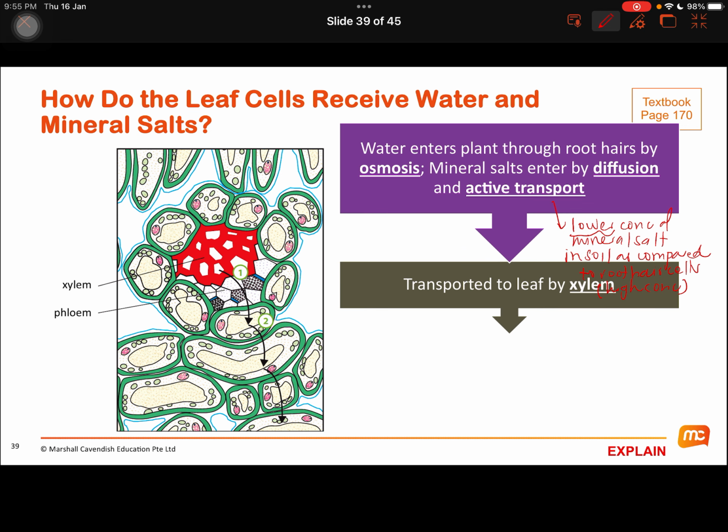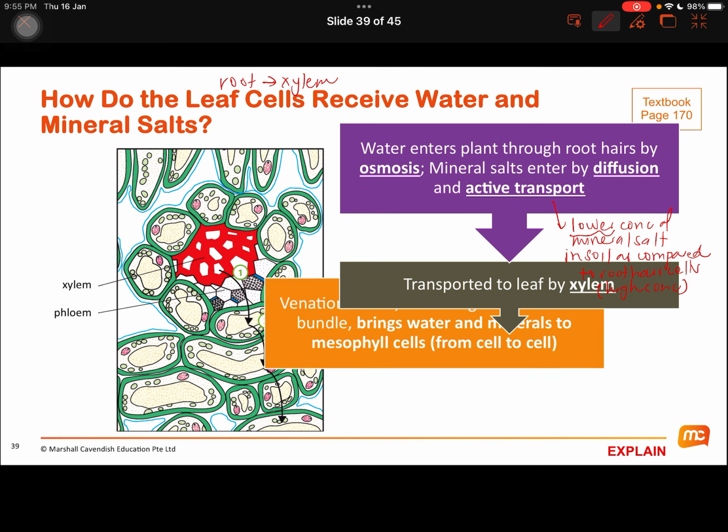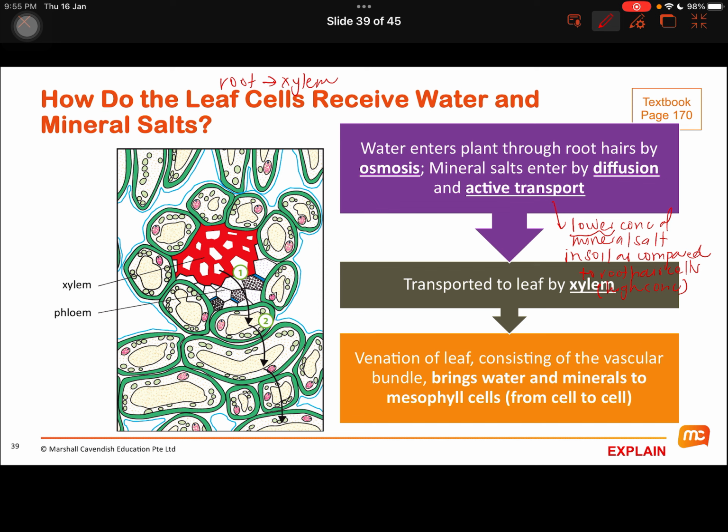Then, from the root, it will go up the xylem in the stem before it reaches the vascular bundle. As you can see over here, this is one vascular bundle in the leaf. So from the xylem, it will enter through the vascular bundle of the leaf, where the xylem continues to bring water and minerals to the mesophyll cells that are found in the leaves.